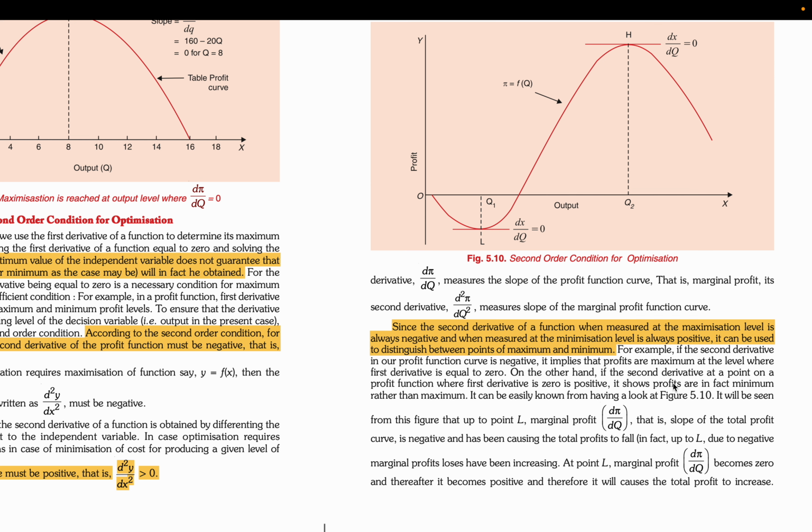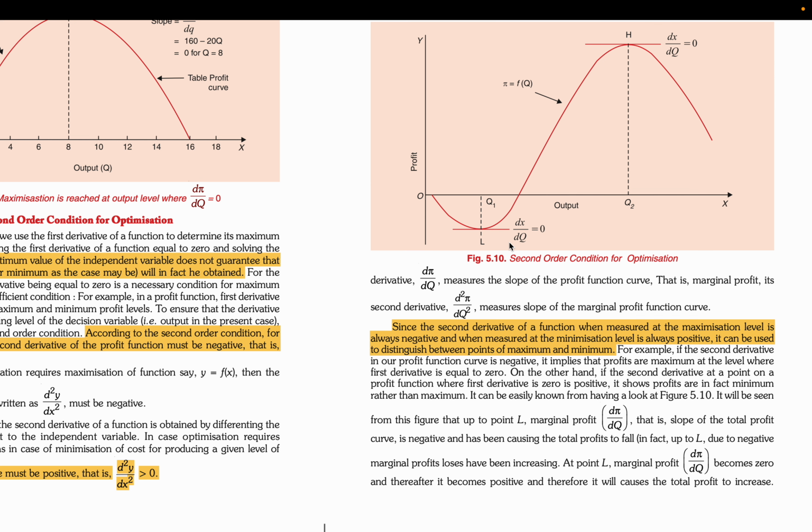It will be seen from its figure that up to point L, marginal profits d pi by dq, that is slope of the total profit curve, is negative and has been causing the total profits to fall.